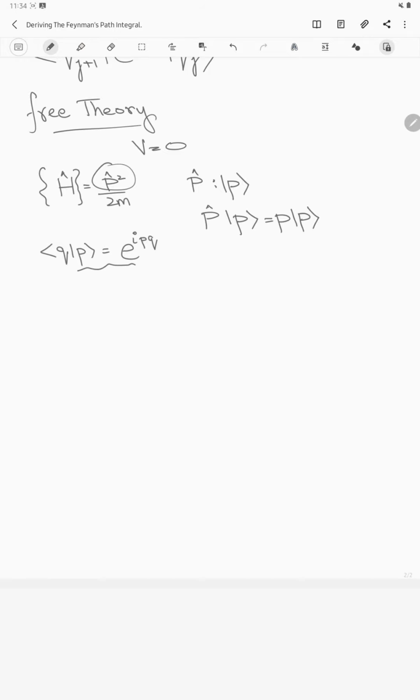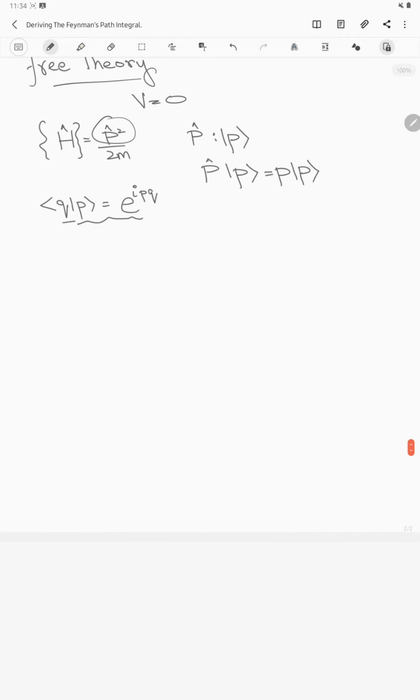Now what does this mean? This just tells you that the momentum eigenstate is just a plane wave, or a plane wave solution in your coordinate representation, where again q is just your coordinate. And this is of course with some normalization, which you can write down as the integral of dp over 2 pi, and the outer product of p's is equal to 1.